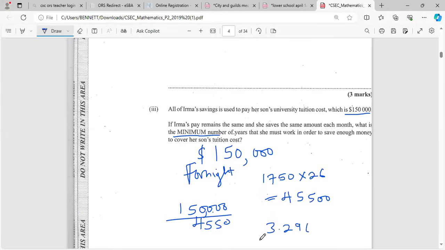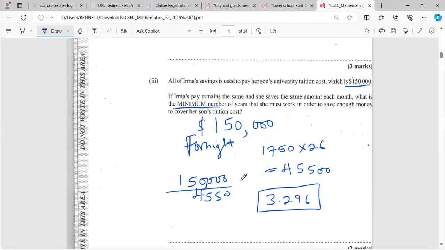I would say round it up to 3.3, and 0.3 would be 4 months, or 3 months. 3 over 12, that's a quarter. It's actually 4 months, you know, because 12 months make a year, right? So if we use 3 months, it'll be a quarter, which is 0.25. So yeah, I would say 3 years and 4 months. Or let's say 4 years.